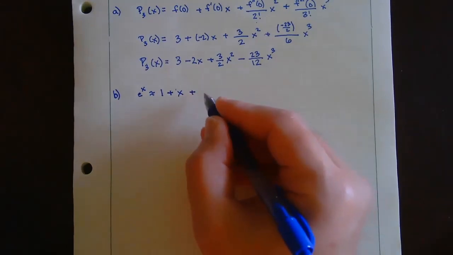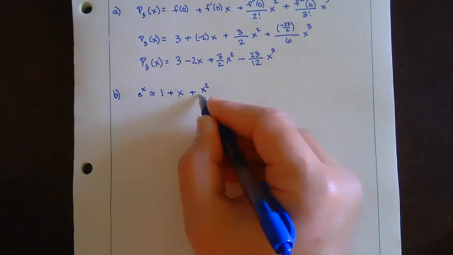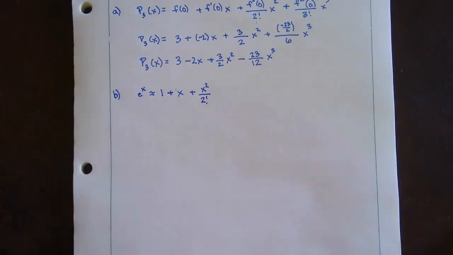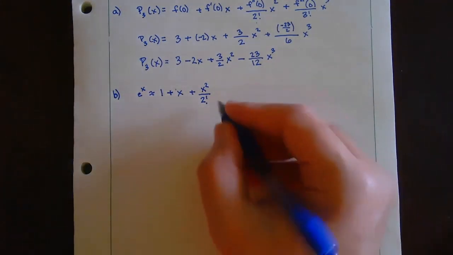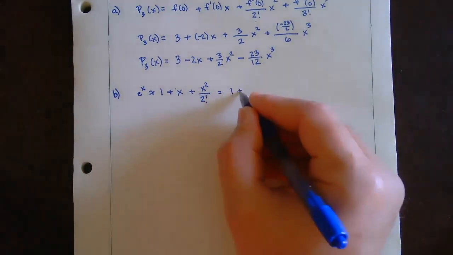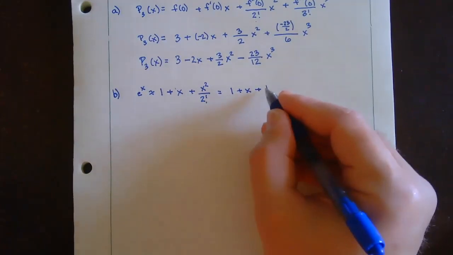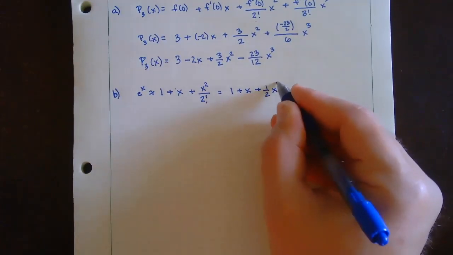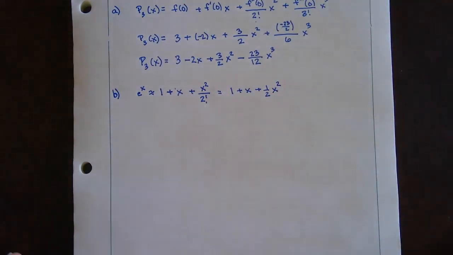Plus x squared over 2 factorial, okay? And those would be the first 3 non-zero terms, okay? And so we could rewrite this as 1 plus x plus 1/2 x squared, okay? And that's the first 3 non-zero terms for e to the x, okay?